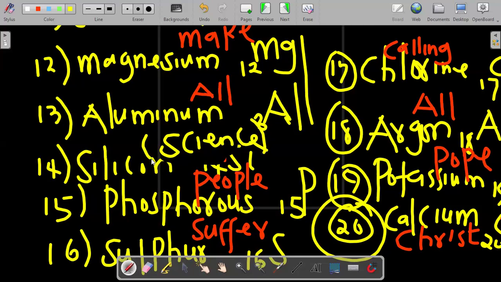Sodium makes all science people suffer: sodium, magnesium, aluminum, silicon, phosphorus, sulfur, chlorine, argon, then potassium, calcium. Calling all pope, Christ. That is the first 20. The Christ is calcium.